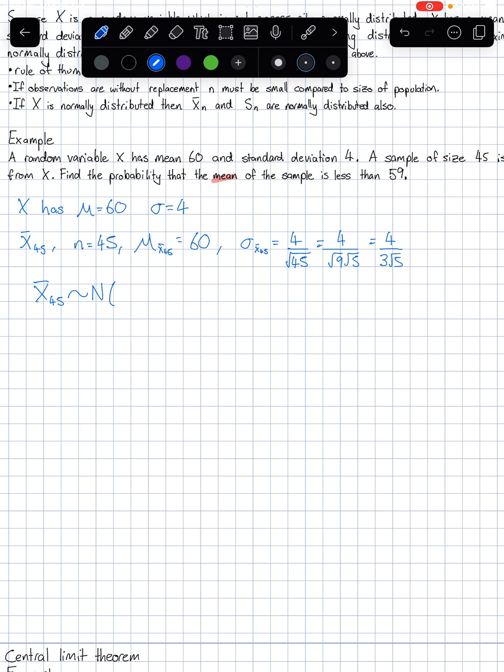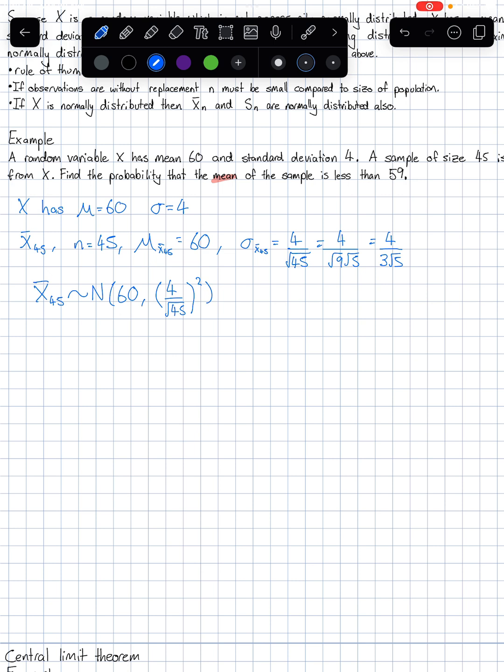The mean of this distribution is 60, and our standard deviation is, I should have just left it, 4 over square root 45, and that is squared when we write the distribution.